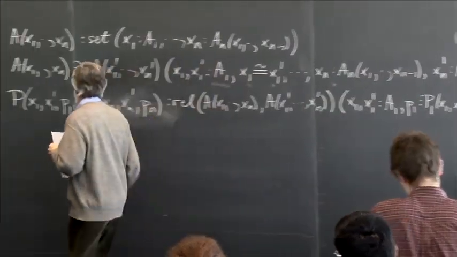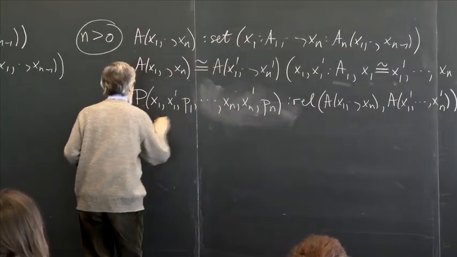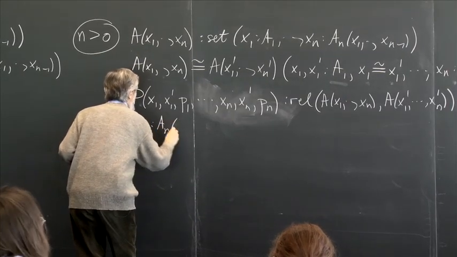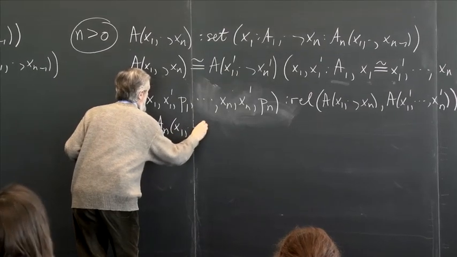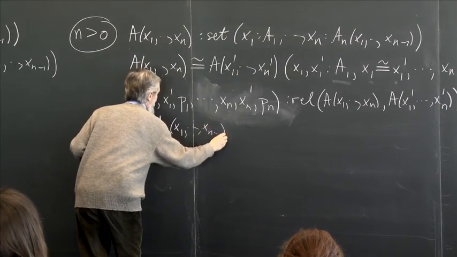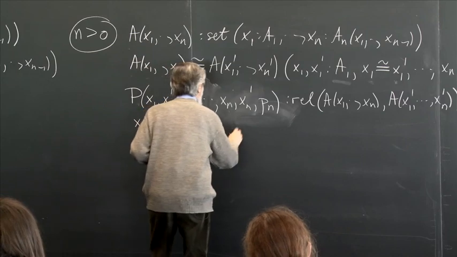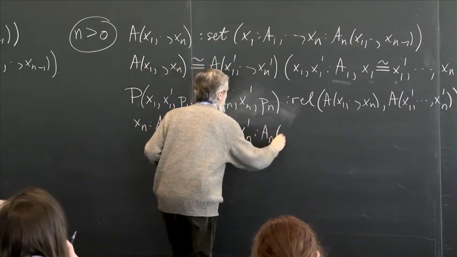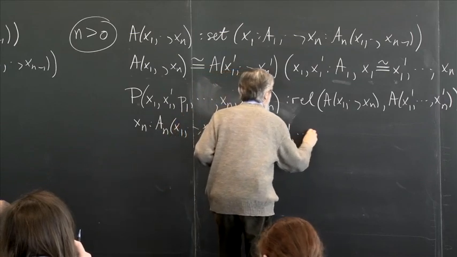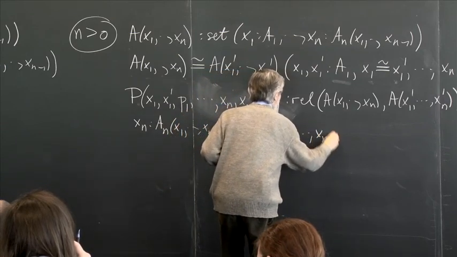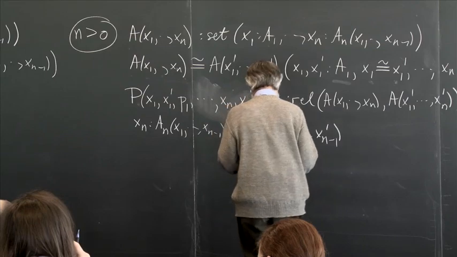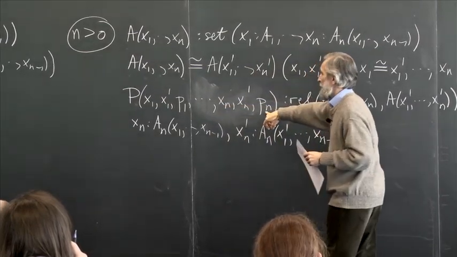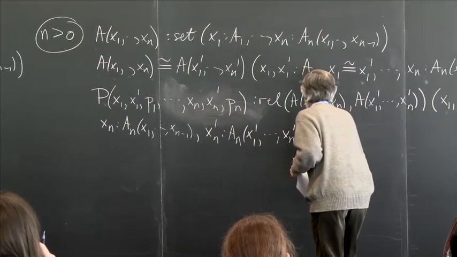And then finally we have xn here is in an of x1 up to xn minus 1. And xn prime is in an of x1 prime to xn prime. And finally, Pn here proves that they are related.